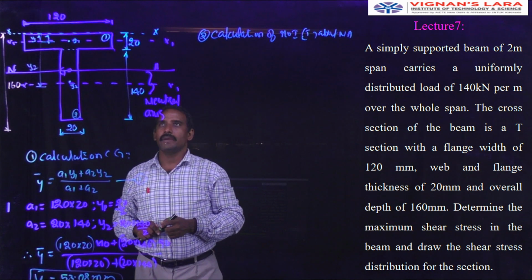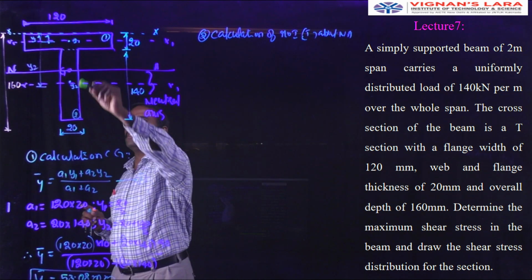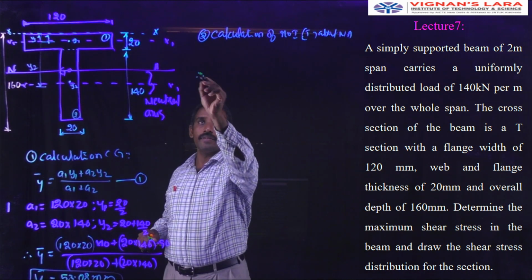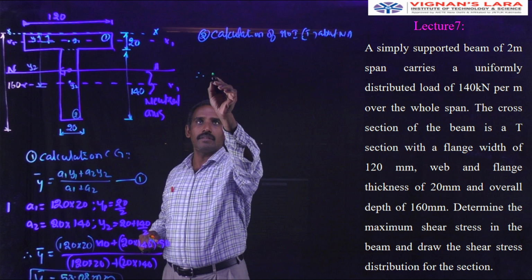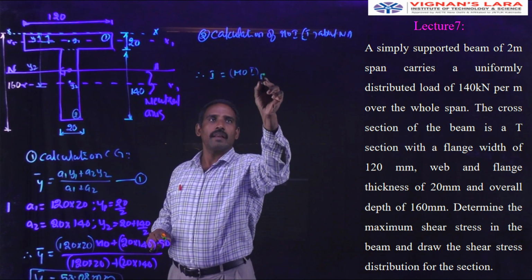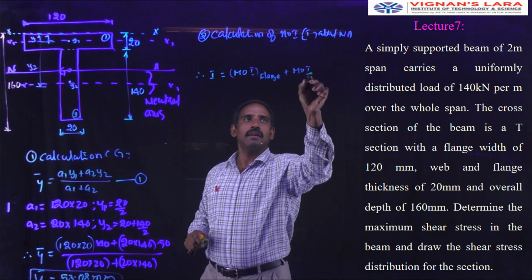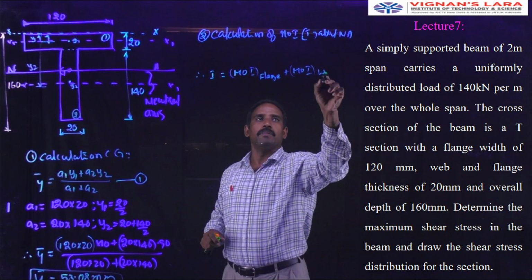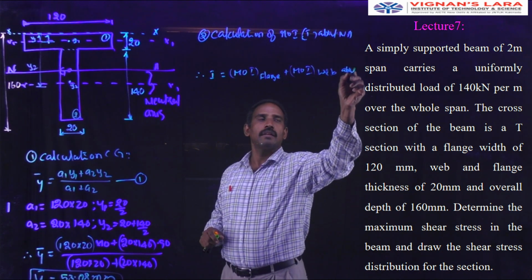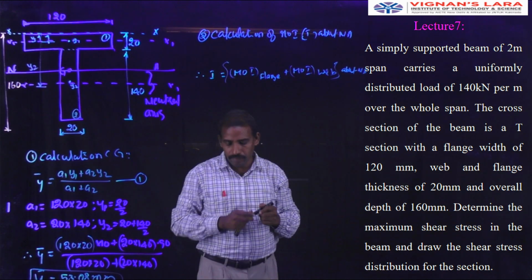By using the parallel axis theorem, you can find the moment of inertia of the T section about the neutral axis. It is equal to the moment of inertia of the flange plus the moment of inertia of the web about the neutral axis. This is the fundamental one.